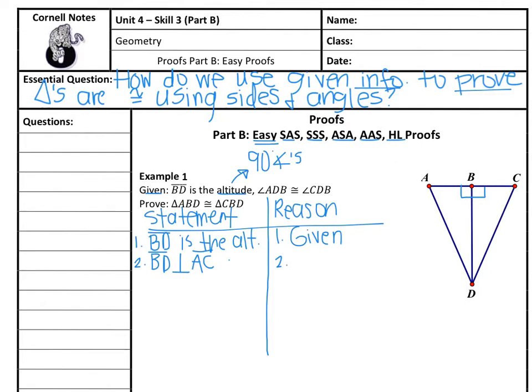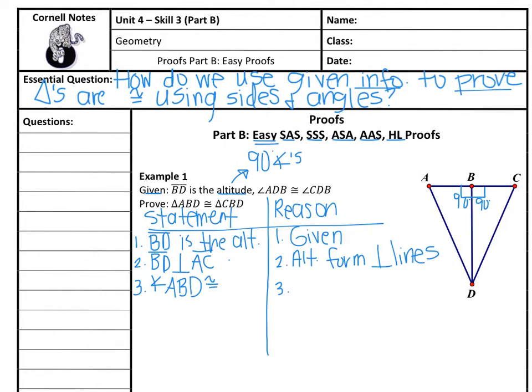And our reason is that altitudes form perpendicular lines. Okay. And then step 3, after we've stated that we have perpendicular lines, we can now say that this angle ABD is a 90-degree angle and that CBD is also a 90-degree angle. So we can say angle ABD, we can actually just say that they're congruent.